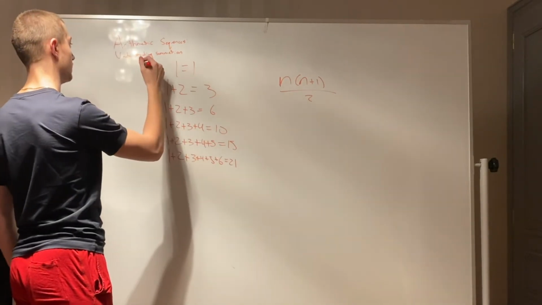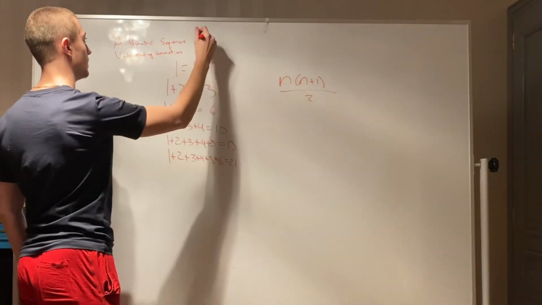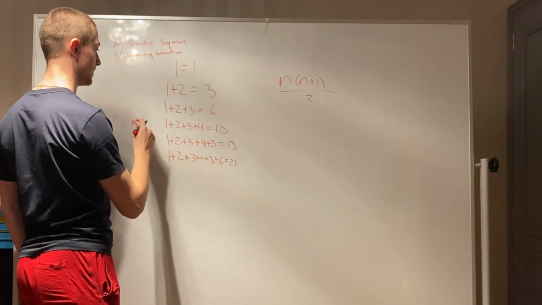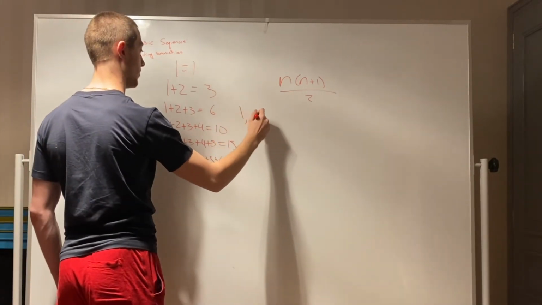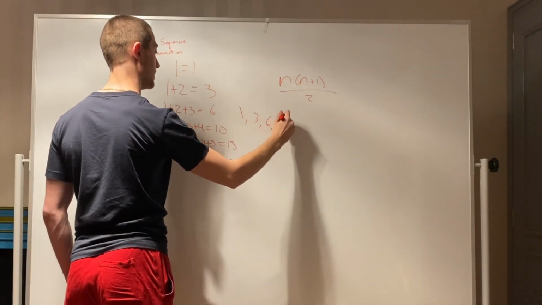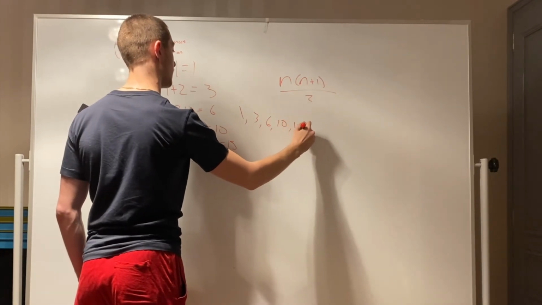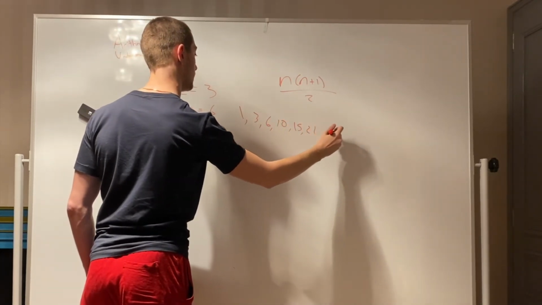Now let's see this. So we have the sequence 1, 3, 6, 10, 15, 21, and so on.